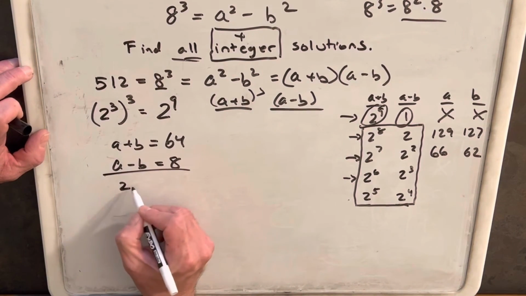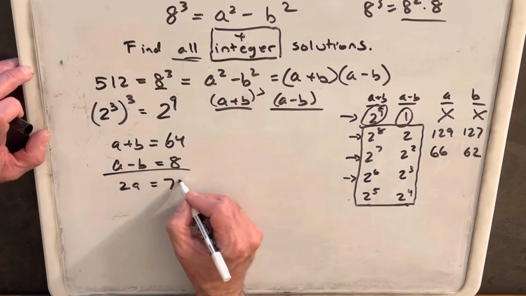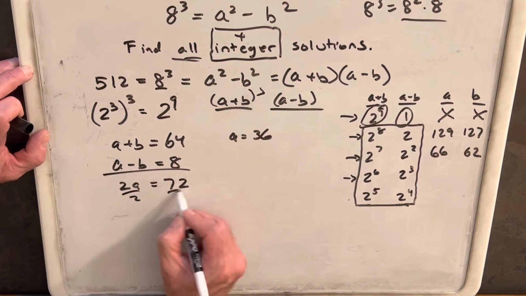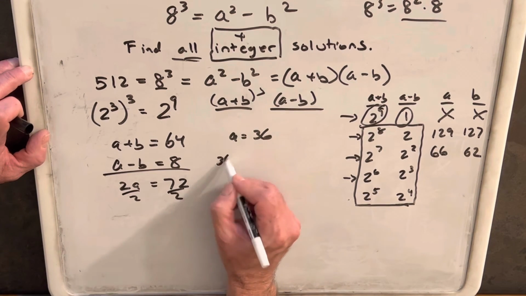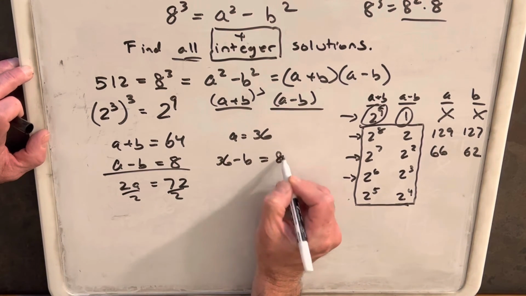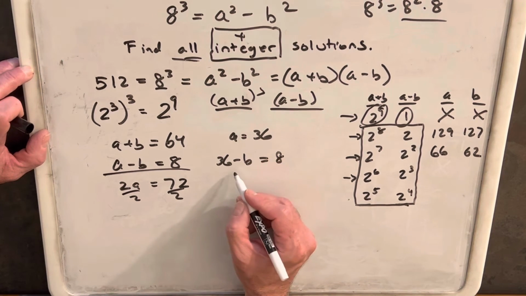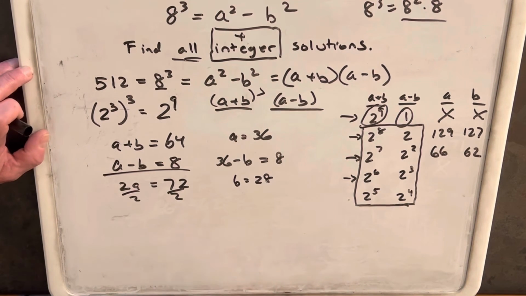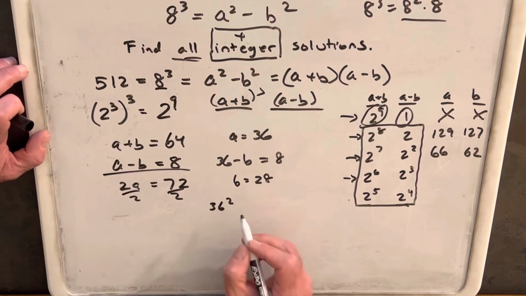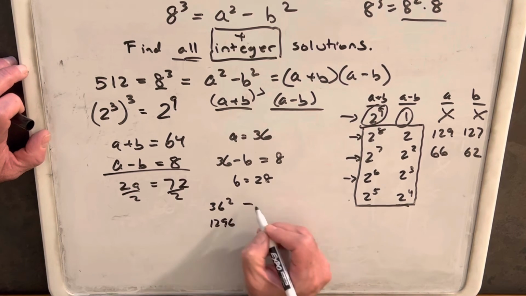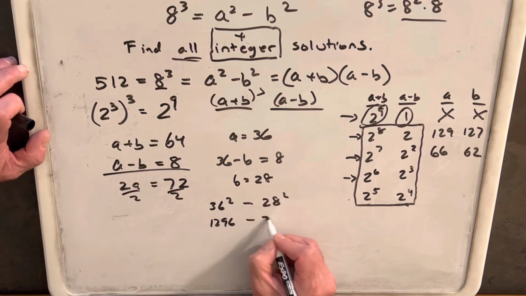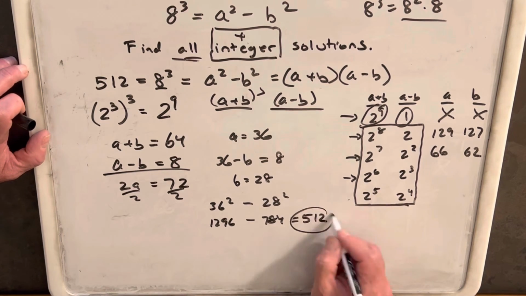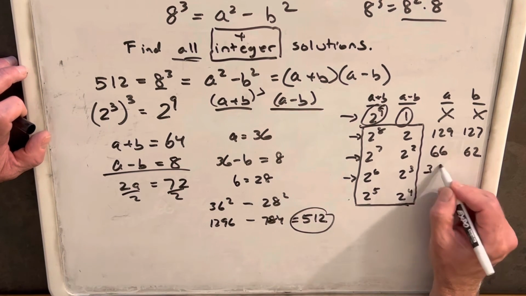So again, adding these together, 2a equals 72, a equals 36. 36 minus b equals 8. So that means b is going to be 28. Let's do a quick check. 36 squared is 1296 minus 28 squared is 784, and that's going to be 512. So we have that.